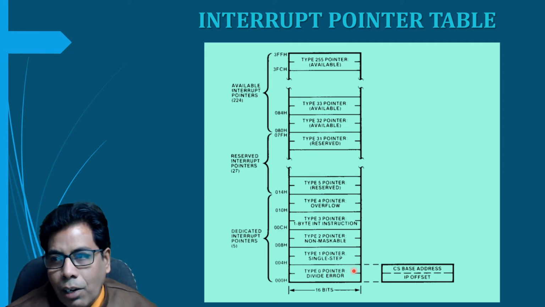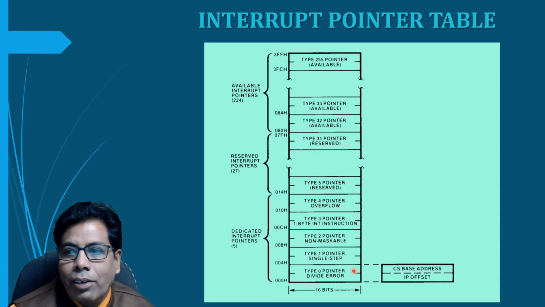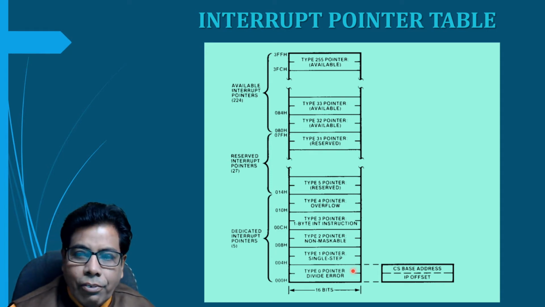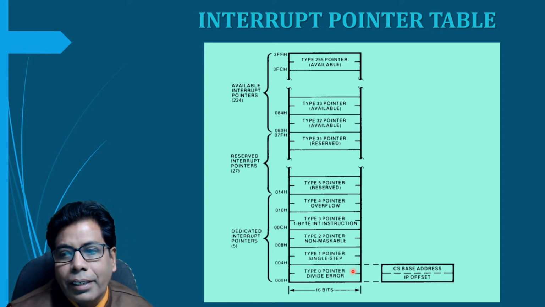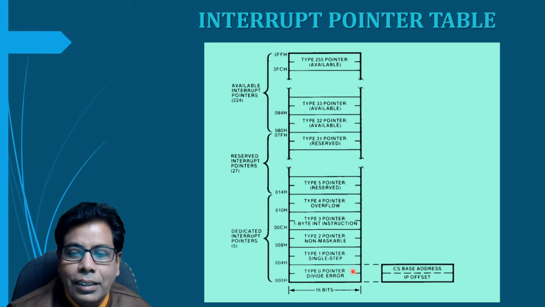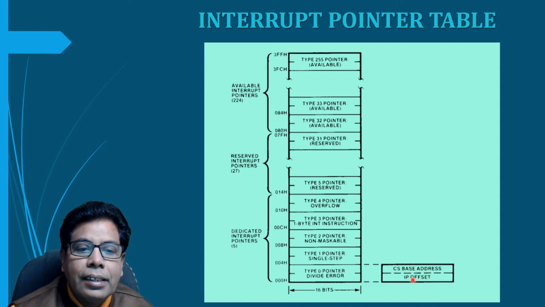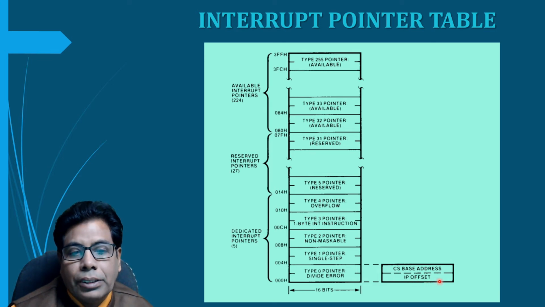The higher order word will be the base address of the segment containing the ISR or interrupt service procedure, and the lower order word will be the offset. So this is the code segment base address, and this will be the IP offset, the instruction pointer offset.